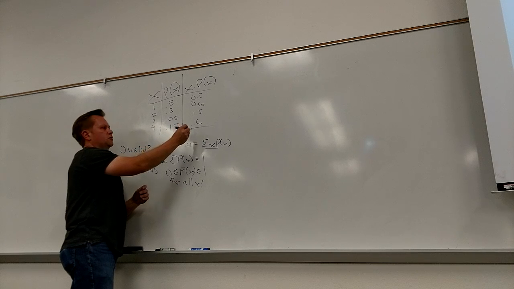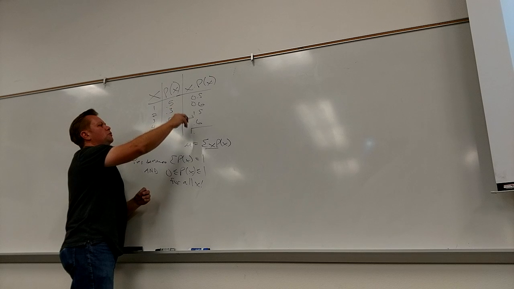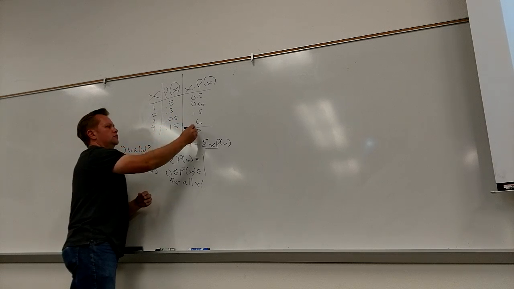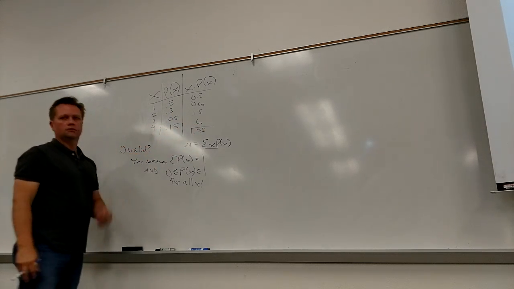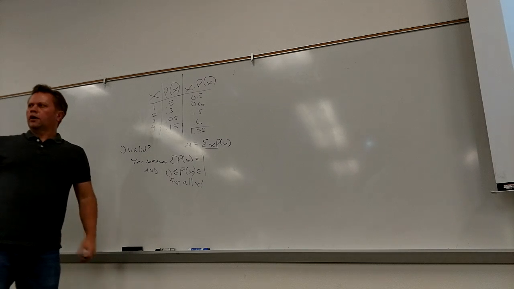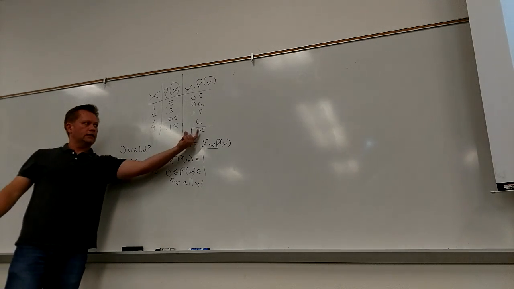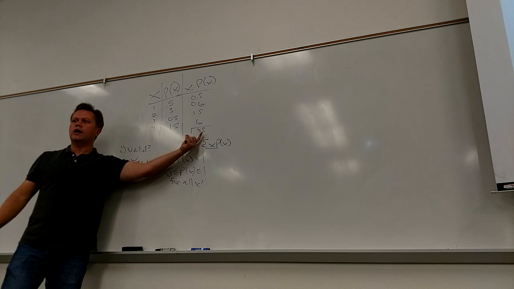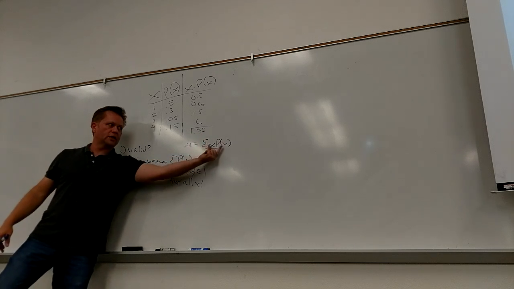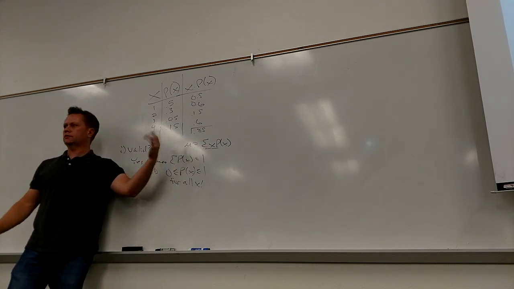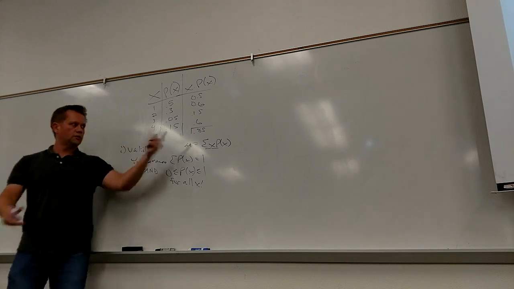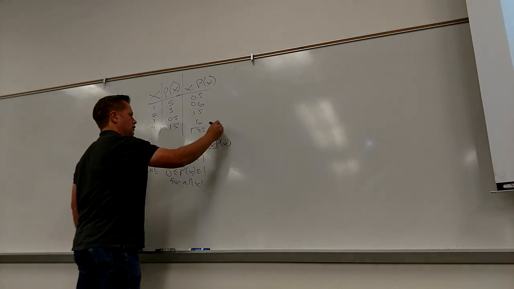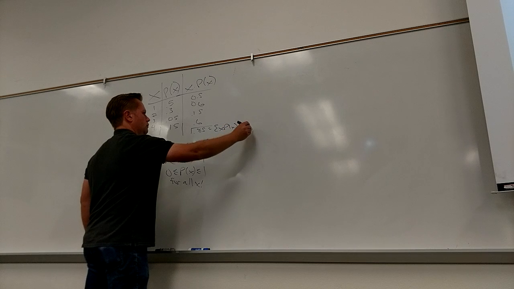Did I do that too fast? Do you get 1.85? 1.1, 1.2, 1.85, that's what I'm getting. All right, so that is the mean. Why? Because that's what I get when I sum up x p of x, and that's what the mean is. So this is the sum of x p of x, which is the mean.